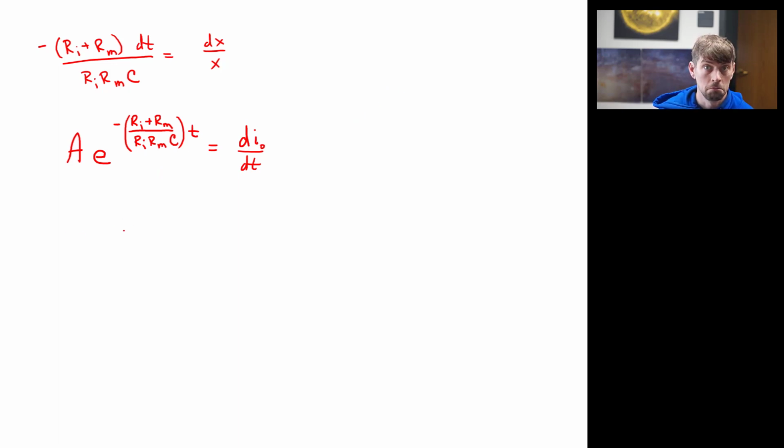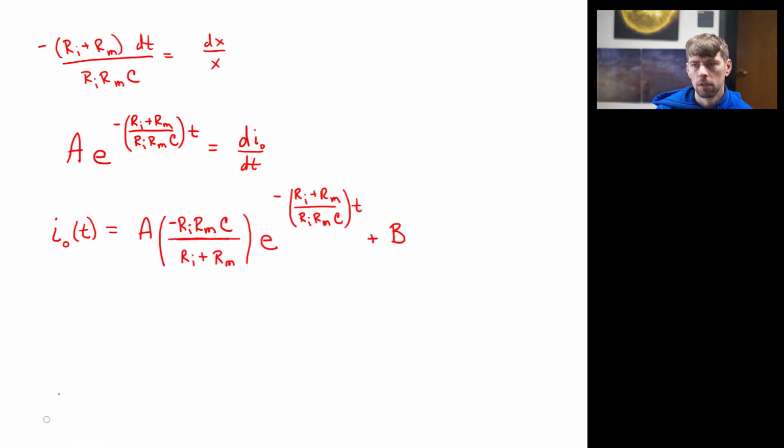But we're not done, right? We're not done yet because we don't want how I naught is changing. We want actually the value of I naught. So we do a second integration, and we get that the current coming from the battery as a function of time is this constant A, and boom, there we go.